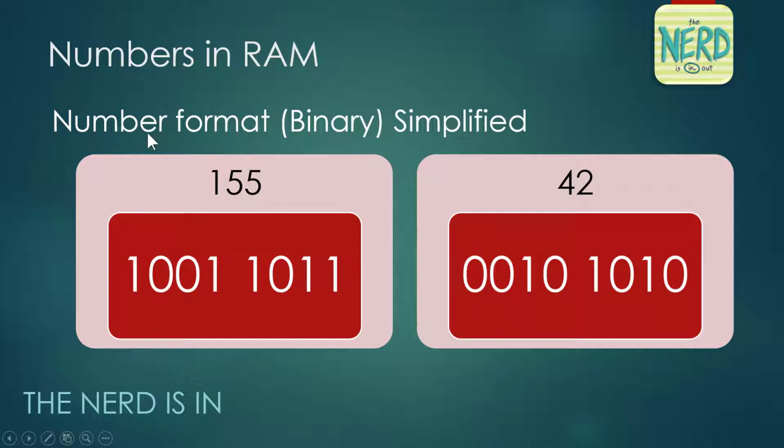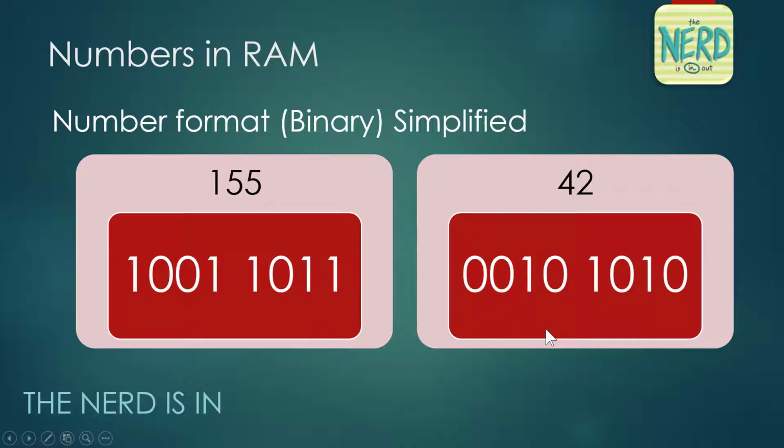I'm incredibly simplifying this, but say we take the number 155. Everything is stored in RAM as a series of zeros and ones because that's all that memory can hold. So the number 155 in our numbering system is actually stored in 8 bits with this series of zeros and ones. Now, you're not going to have to know this.